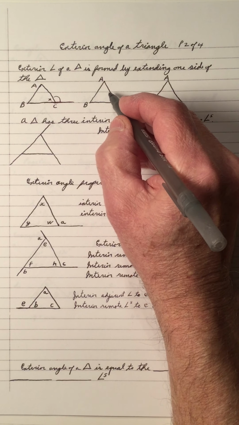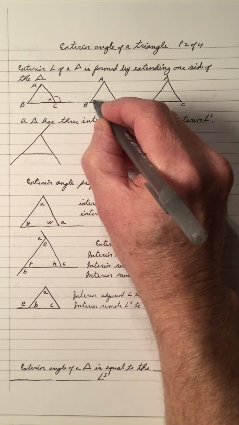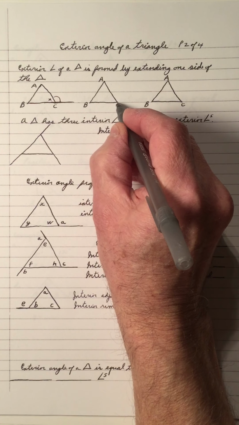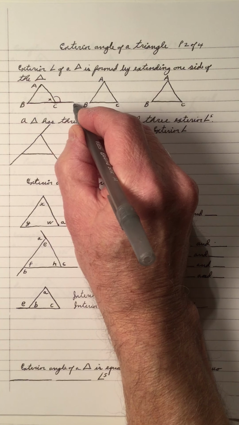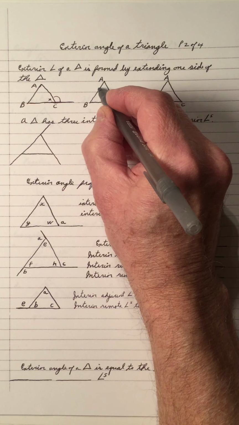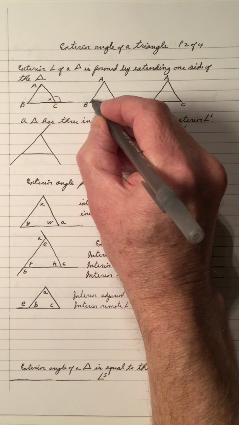If I take the angle at B, I can extend it coming from C to B out this way, or I can extend it from A down to B. So either will do it.